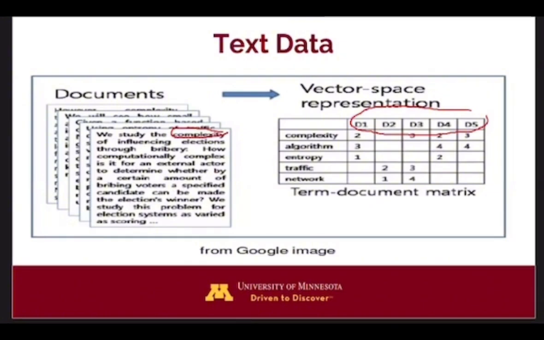Now, is there anyone here who doesn't understand how we can have a numerical representation of the raw text data in matrix representation? Take a look at that. Is there anyone? So the matrix representation is going to be called a term document matrix.